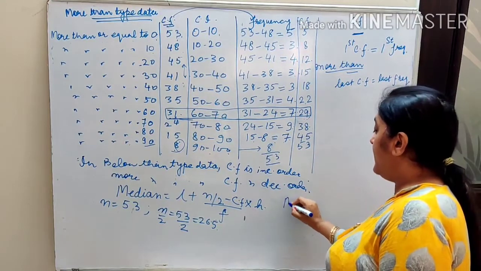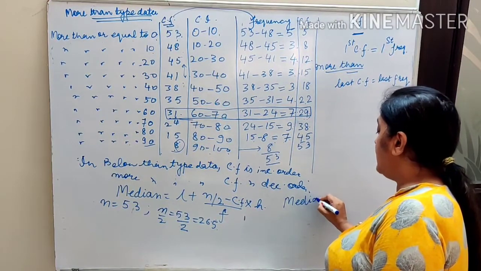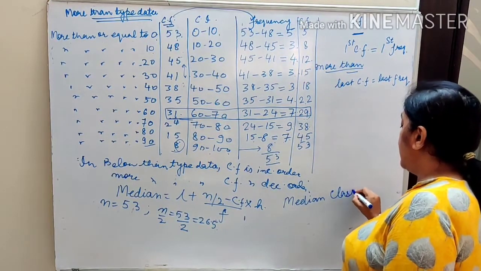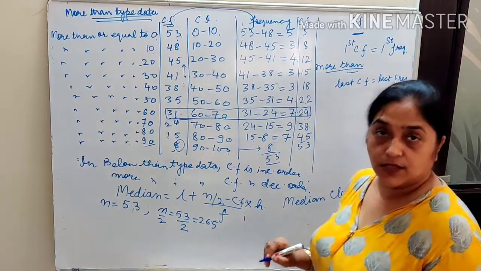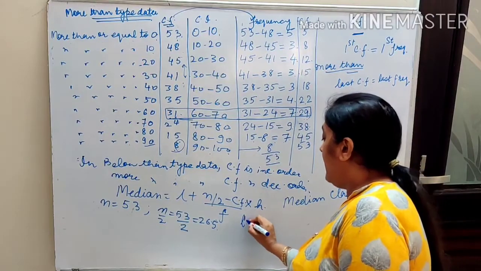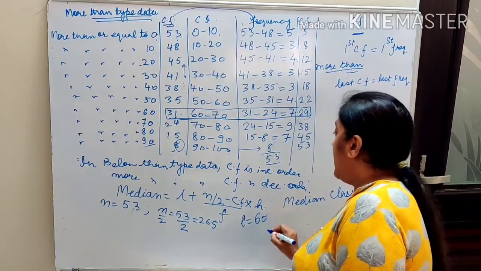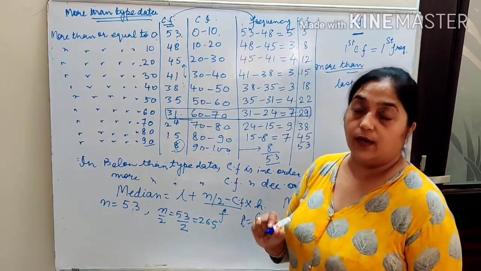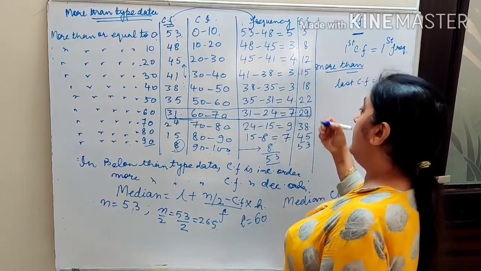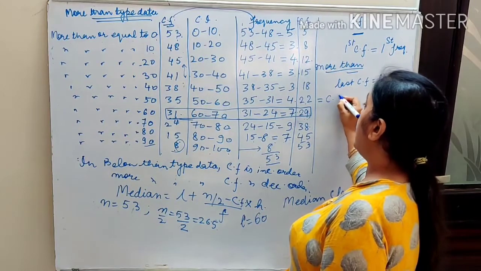So what is your median class? Median class is 60 to 70, right? So your L comes out to be 60. And what is the CF? CF is the cumulative frequency of the previous class. So this is the CF.